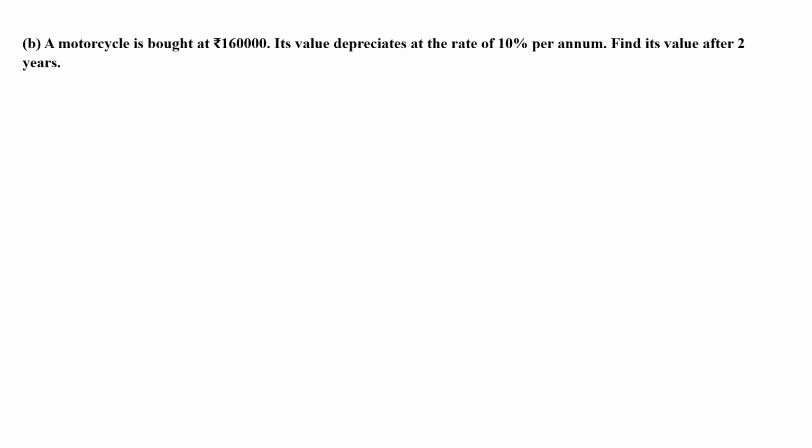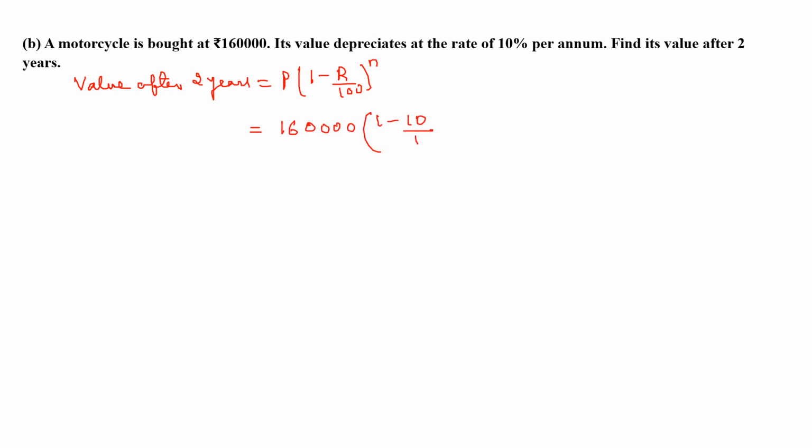So the formula to find the value after 2 years is P into (1 minus R by 100) whole to the power n, where P is your present value, R is the rate, n is the time. Now you have to just put in all the values. So present value is 1,60,000 into (1 minus 10 by 100) whole square. Now the 10s cancel. Now take the LCM.